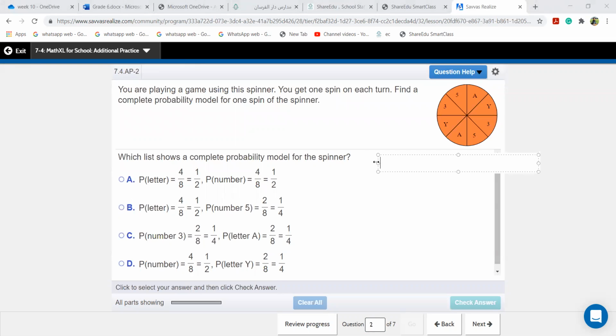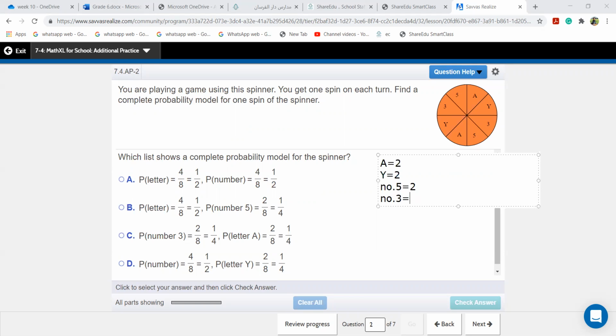There are two A's. There are two A's, and there are two B's. And then you have number 5. You have 2, and you have 2 number 3s.